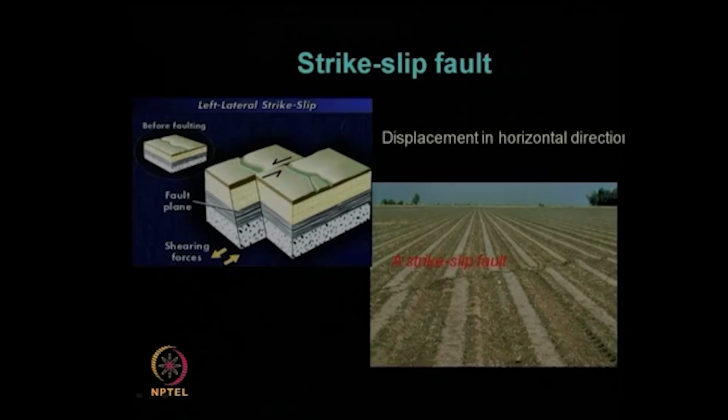So, there is now no continuity. Okay? Like we have seen this similar picture in San Andreas fault earlier in one of our lectures. So, a strike slip fault displacement has occurred in the horizontal direction.